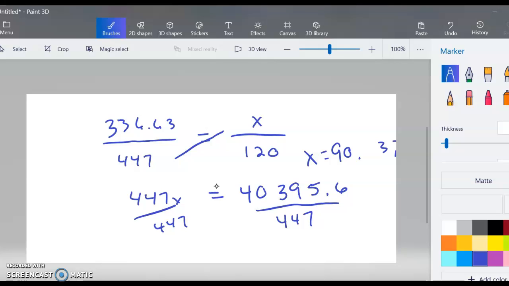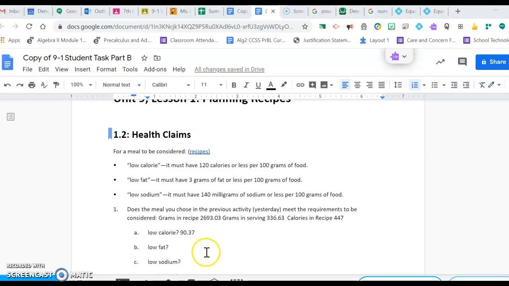So I could say that this recipe is low calorie because that number is under 100, correct? All right. So then here I'm going to write low calorie. It had 90.37 grams of food per 120 calories.